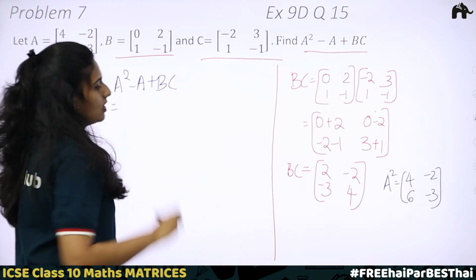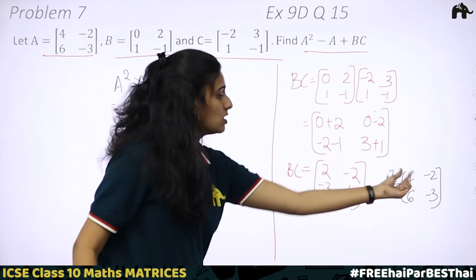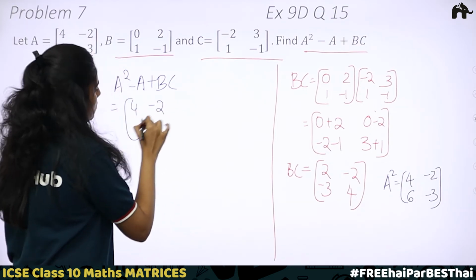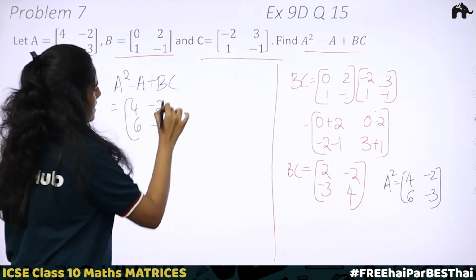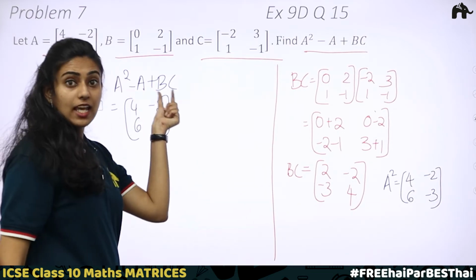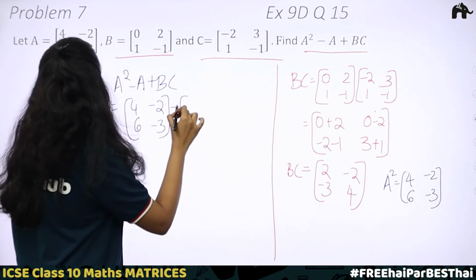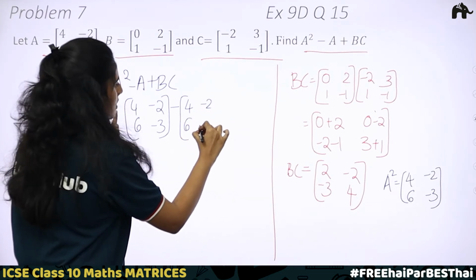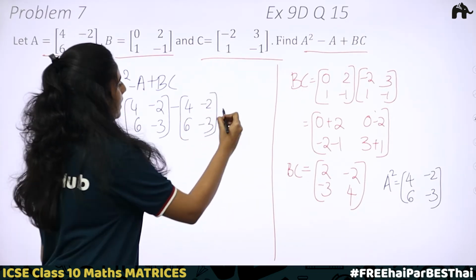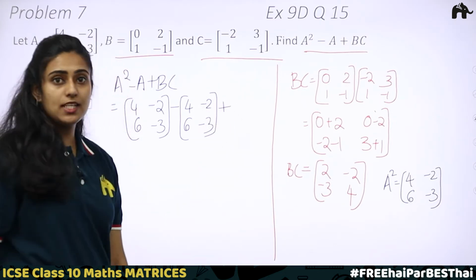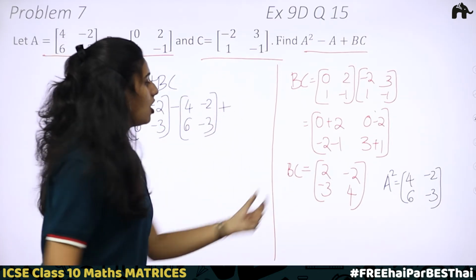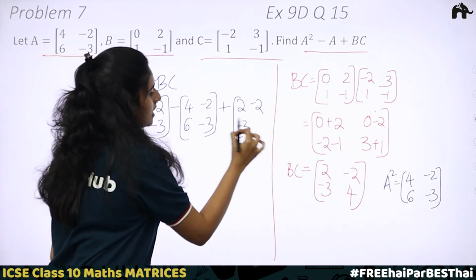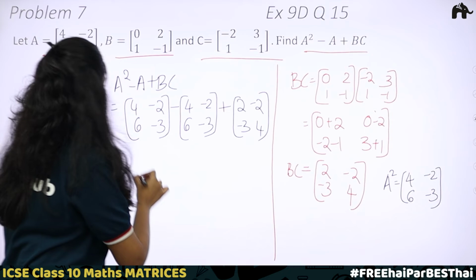What is A square? 4, minus 2, 6, minus 3. Next, minus A. Minus A is 4, minus 2, 6, minus 3. Then plus BC. B into C we got, that is 2, minus 2, minus 3, 4.